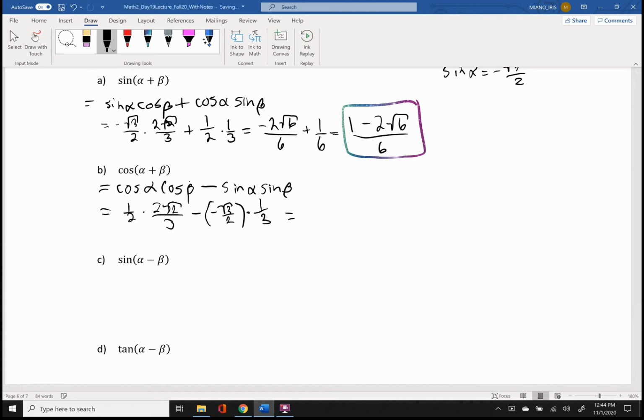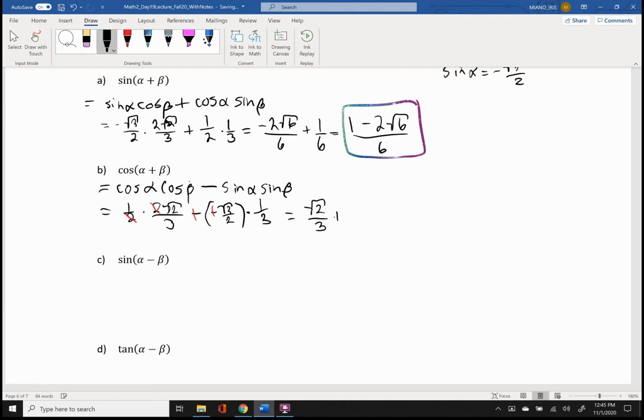Moving back to what we were doing here, let's simplify this out. Some things cancel here. These 2's cancel. And then we get root 2 over 3 for that first term. And then minus, because those signs cancel each other out, that'll be plus root 3 over 6, right?